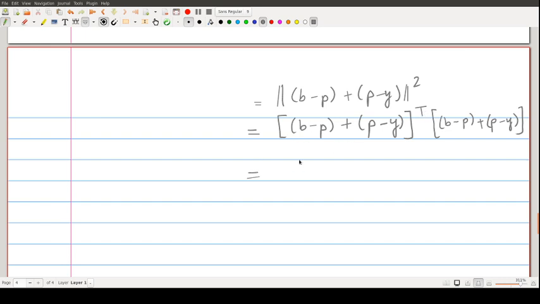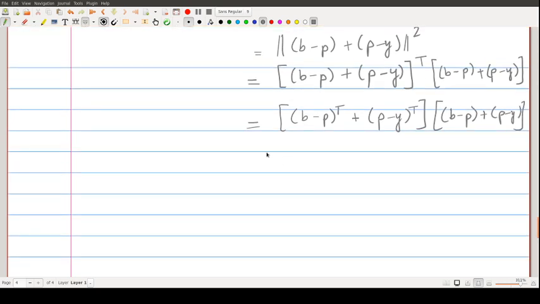It gets me the following. I can put the transpose on these individual vectors, because the transpose is a linear transformation. I can separate the transposes, and this is multiplied with b minus p plus p minus y. Which gives me b minus p transpose times b minus p, plus 2 times b minus p transpose p minus y, plus p minus y transpose times p minus y.